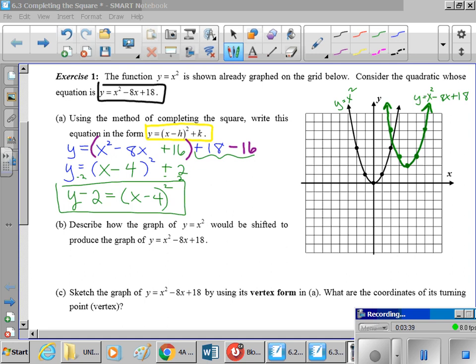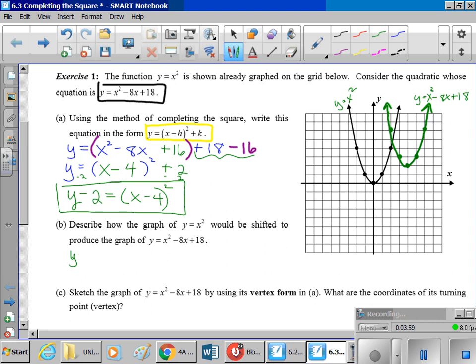So B says, describe how the graph of y equals x squared would be shifted to produce the graph of y equals x squared minus 8x plus 18. Well, notice that I graphed it first because it's kind of easy to see now. I can see pretty easily if I think about geometry, I'm going to say y equals x squared is translated.